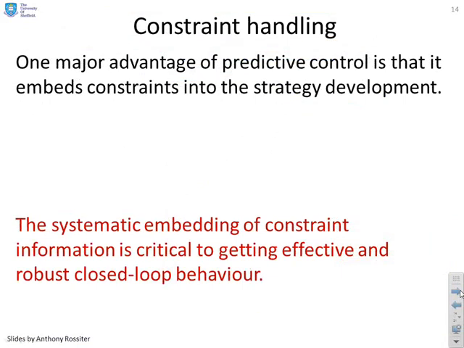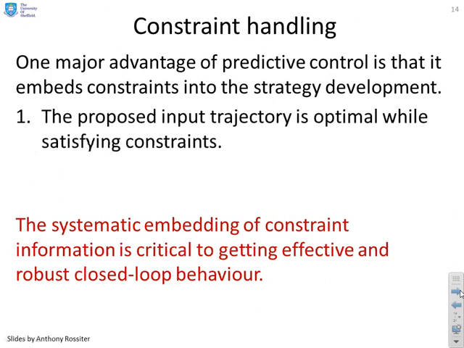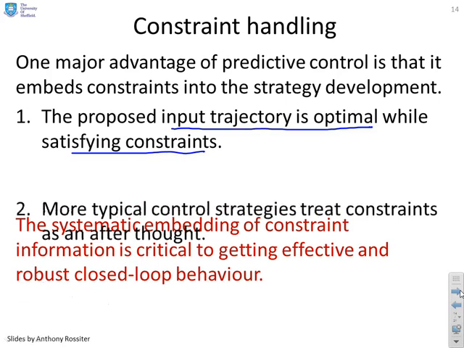What about constraint handling? One advantage of predictive control is that it embeds constraints into the strategy from the outset. So a proposed input trajectory can only be optimal if it satisfies constraints. There's no point coming up with an input trajectory that violates constraints, because you can't implement it and therefore it is meaningless.